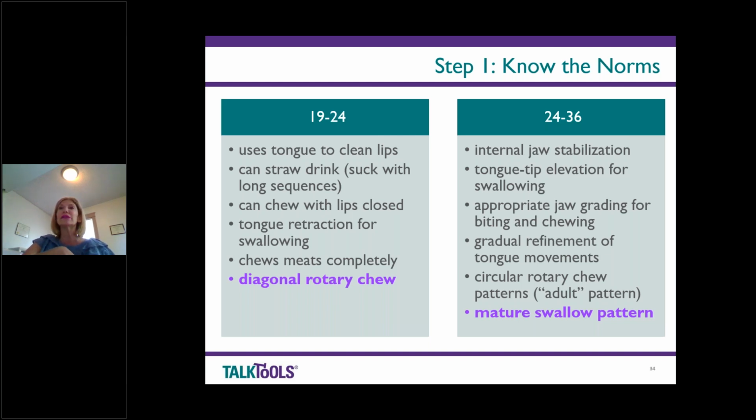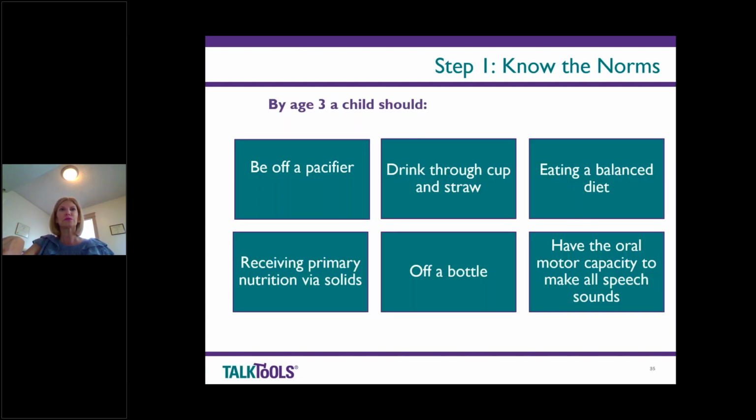And then by 3 years of age, the mature swallowing pattern, there shouldn't be any tongue protrusion during the swallow, and we're pretty much in an oral motor place where we have adequate skills for feeding, and we also have adequate oral placement skills for pretty much any speech sound.